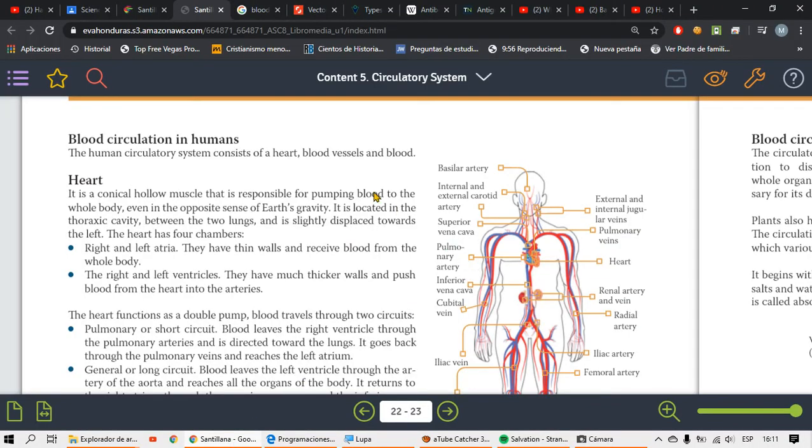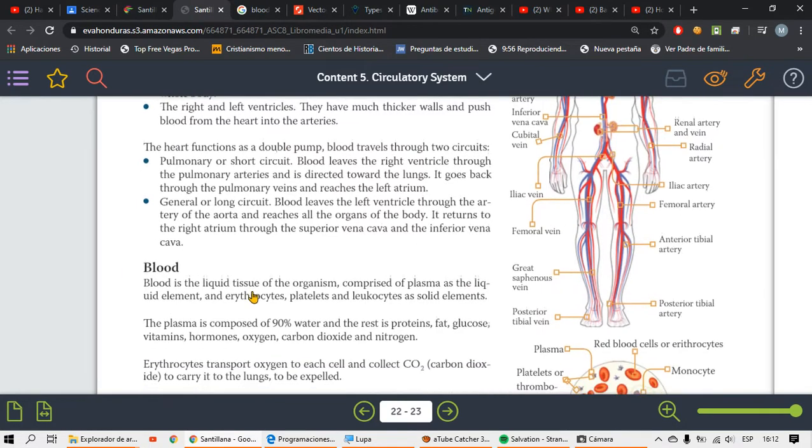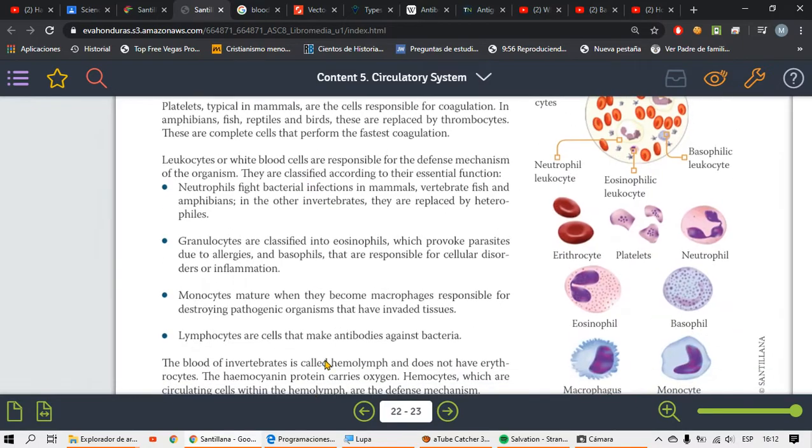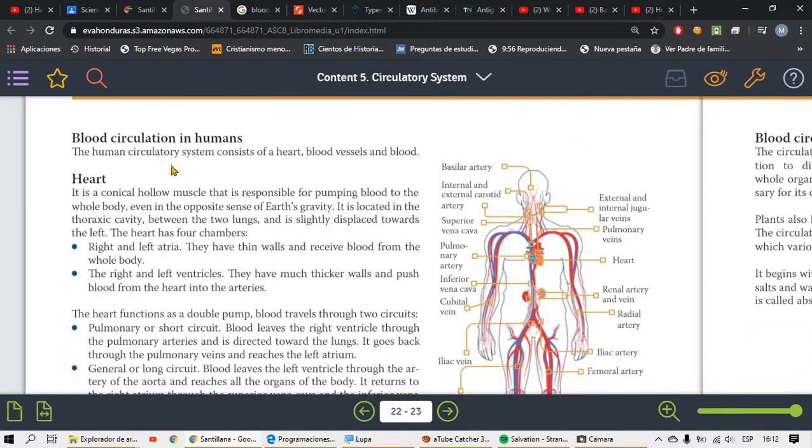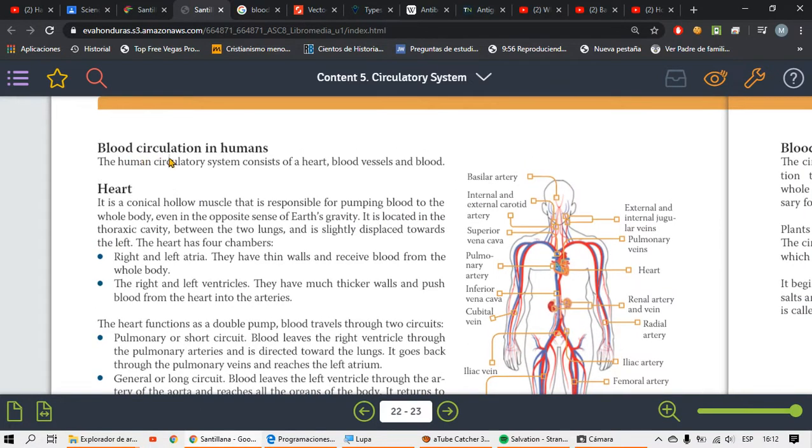Let's start speaking about the blood circulation in humans. You can use your book, if you have it, right there on page number 22. We're going to focus here, speaking first about the blood circulation in humans. What is that? Well, the human circulatory system consists of the heart, blood vessels, and blood.